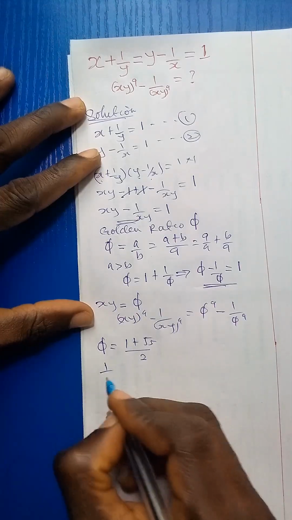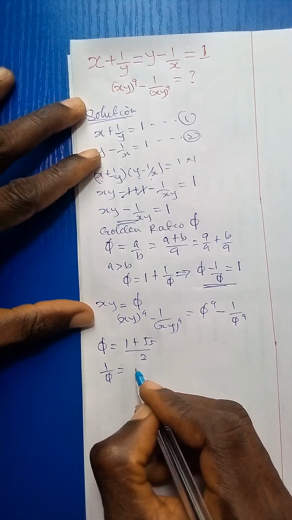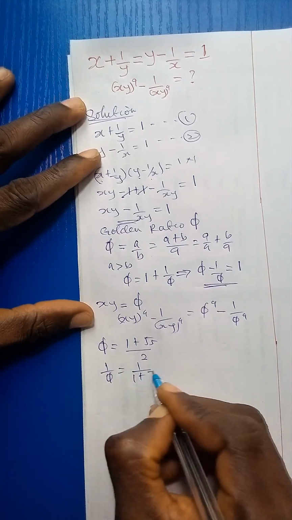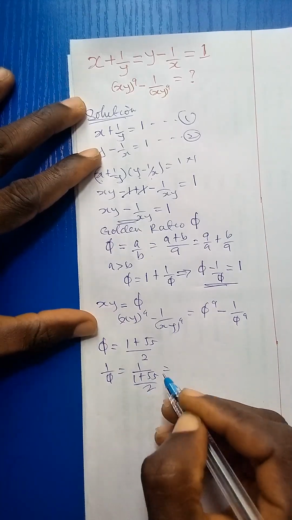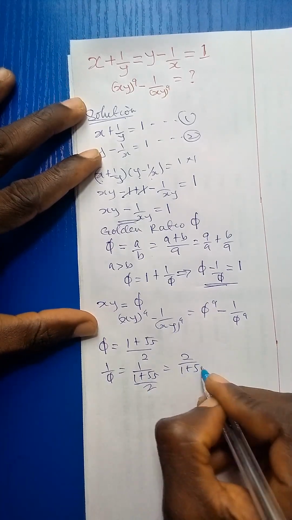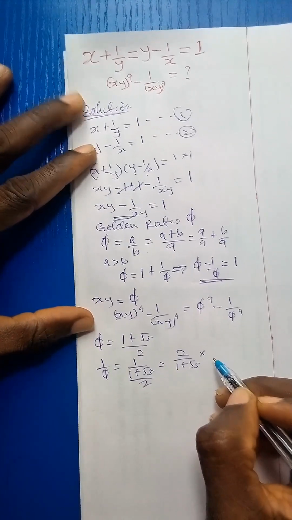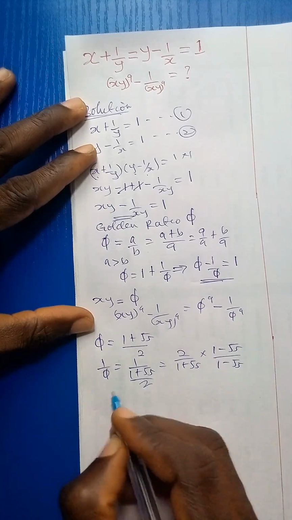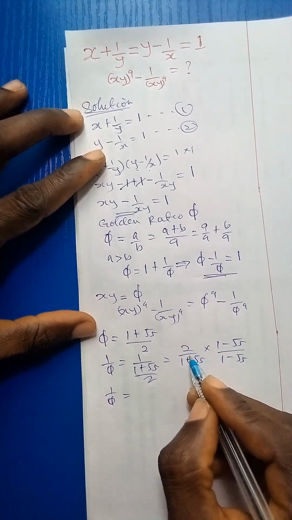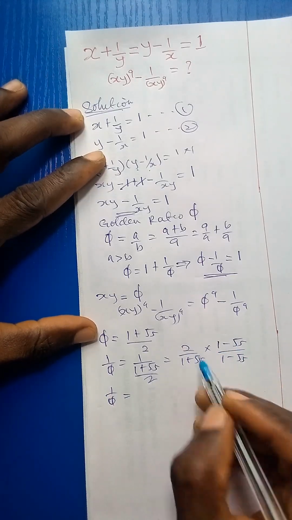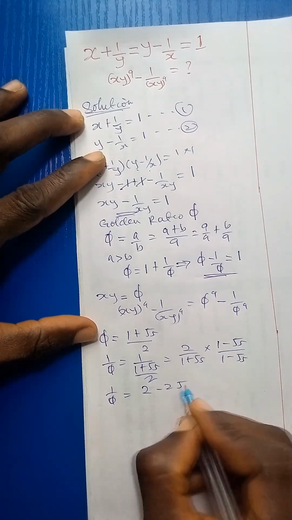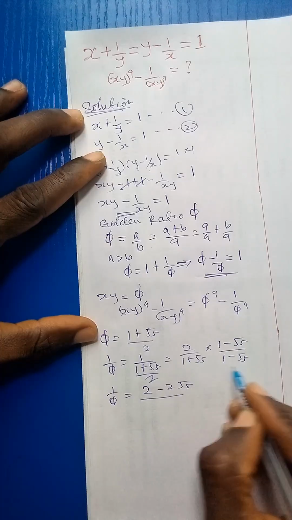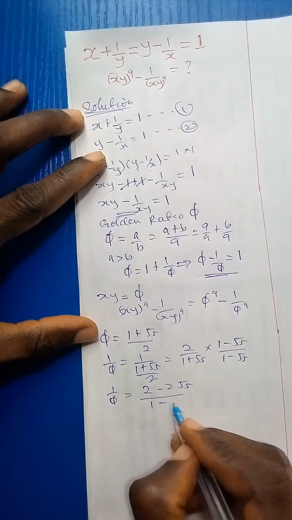But I can find 1 over phi. That becomes 1 over (1 plus root 5) over 2, which is 2 over (1 plus root 5). Now, if I rationalize the denominator, I'll get (1 minus root 5) over (1 minus root 5). Now, 1 over phi is equal to, if I multiply by 2, 2 minus 2 root 5 over, this is a difference of squares, so we'll have 1 minus 5.